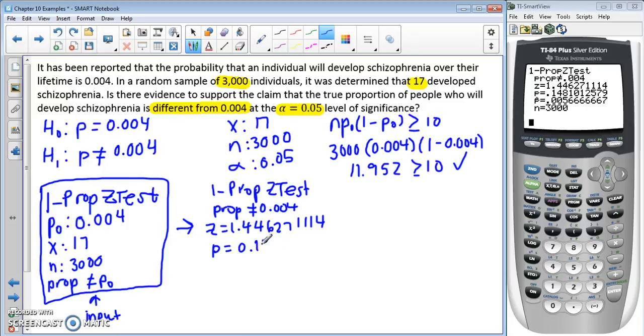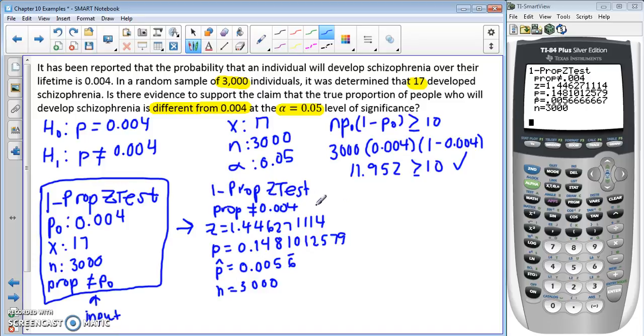So the P that the calculator outputs is what we call a p-value, which is important. That tells us whether we reject or not reject our claim. And then P hat is our sample proportion, and then N is our sample size here.